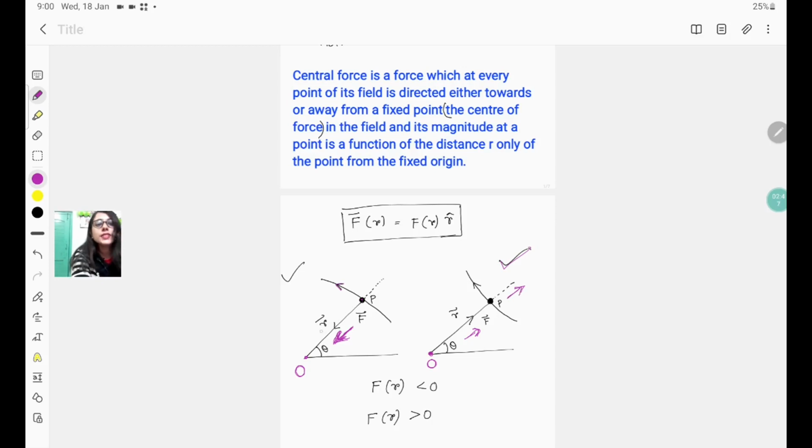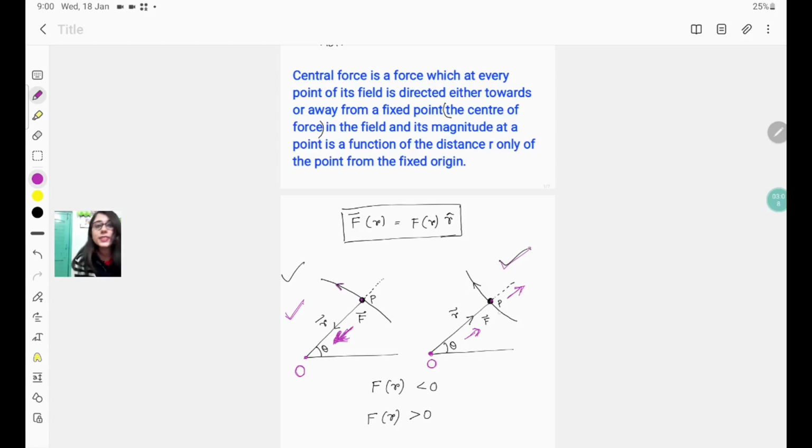In the first scenario, this force is an attractive force, because O is attracting the point particle P along this direction. But in the second picture, the point particle P is not attracted, rather it is repelled.